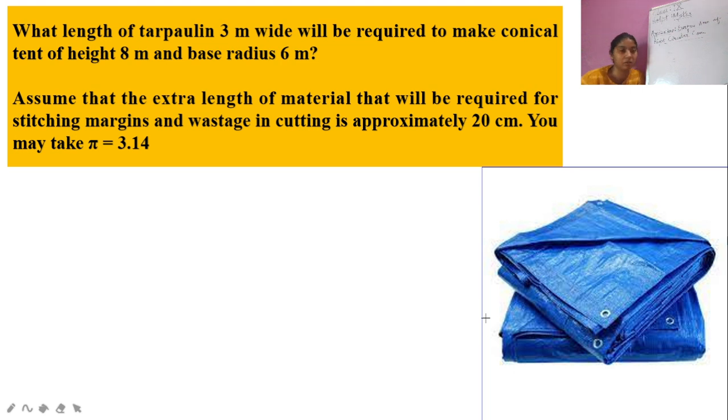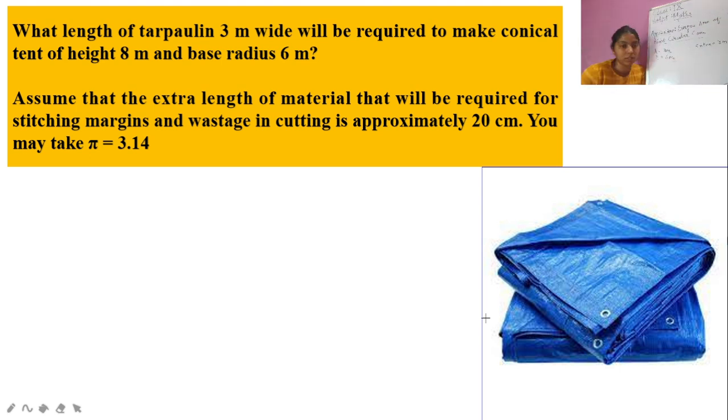So you are given a height that is 8 meter and radius is 6 meter. Extra length is also given to you, let me write it down, that is 3 meter, right?